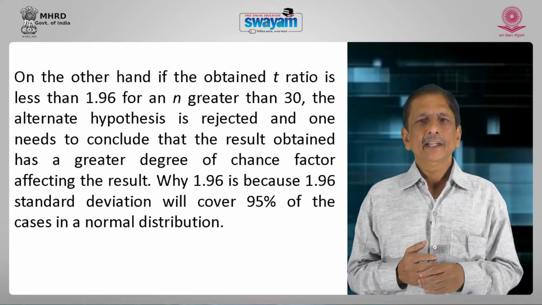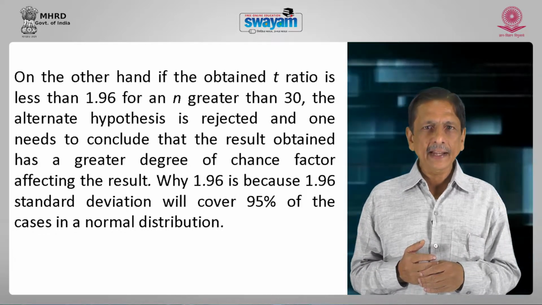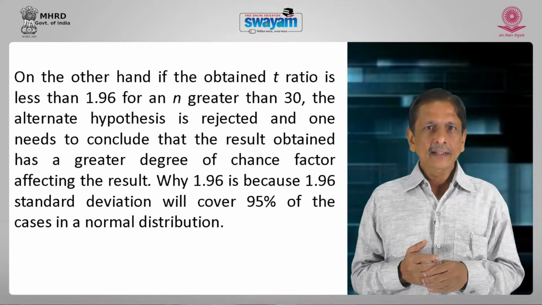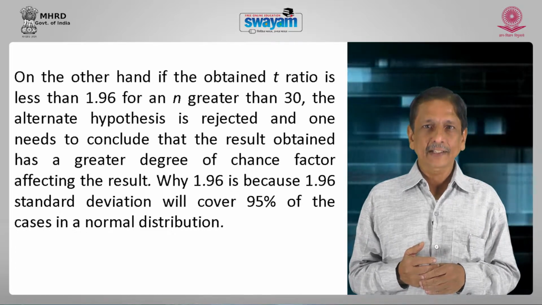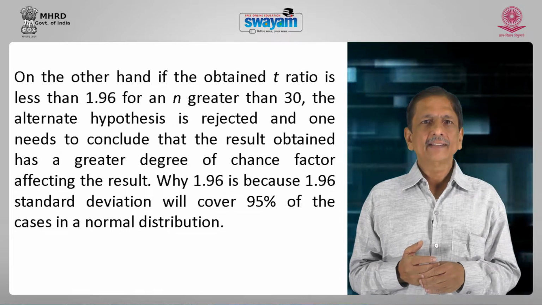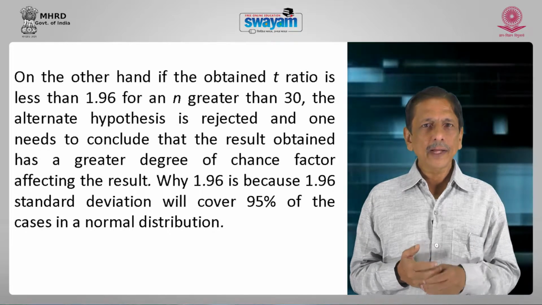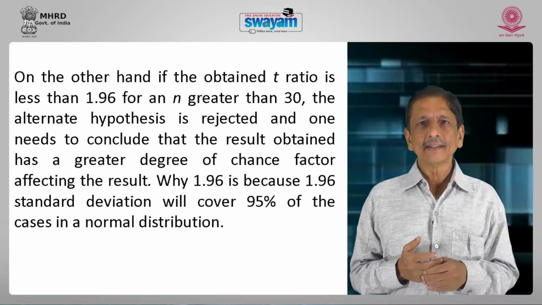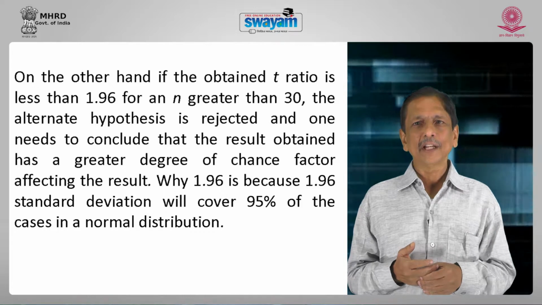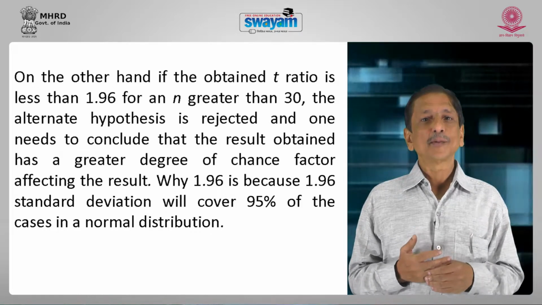On the other hand, if the obtained t ratio is less than 1.96 for n greater than 30, the alternate hypothesis is rejected and one needs to conclude that the result obtained has a greater degree of chance factor affecting the result. Why 1.96? Because 1.96 standard deviations will cover 95% of the cases in a normal distribution.